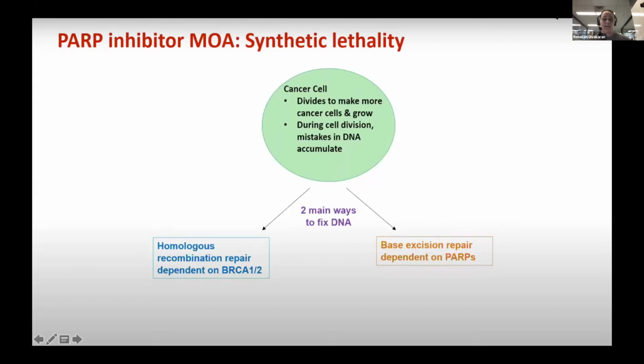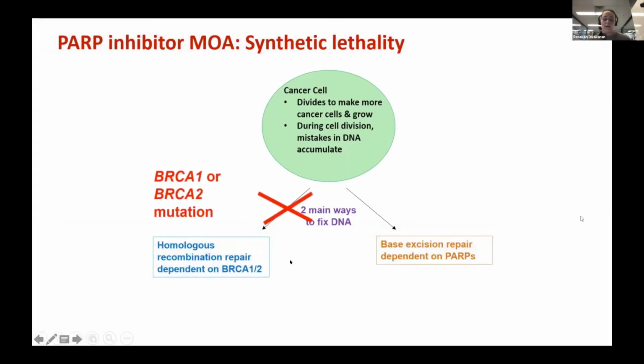So we have a cancer cell that's obviously dividing and growing all of the time. And during these multiple cell divisions, mistakes in the DNA accumulate. And in order for the cell to repair these DNA mistakes and continue proliferating, it needs to try and fix the DNA. And there's sort of two main pathways that this could happen. One of them is the homologous recombination repair pathway, and that's heavily dependent on BRCA1 and BRCA2.